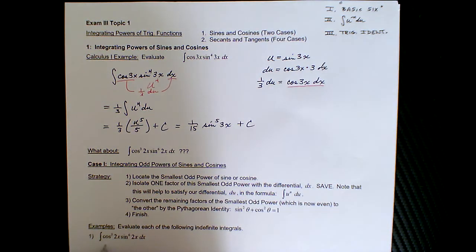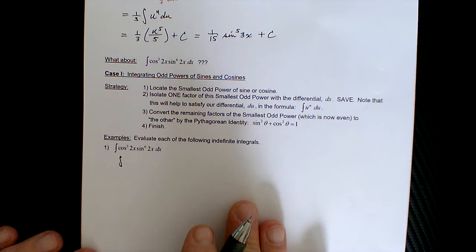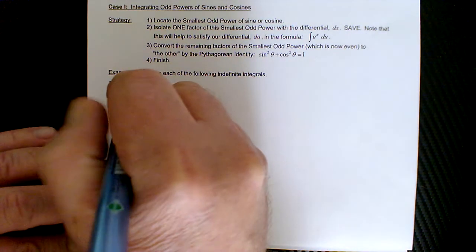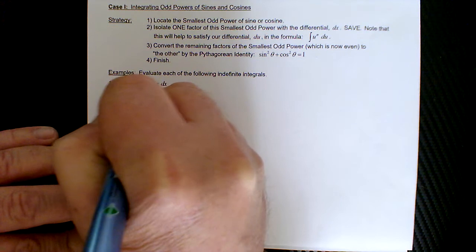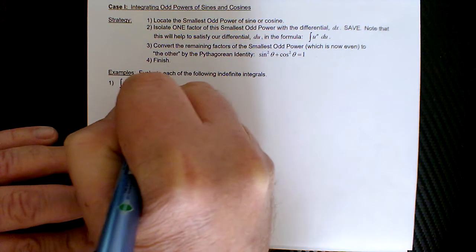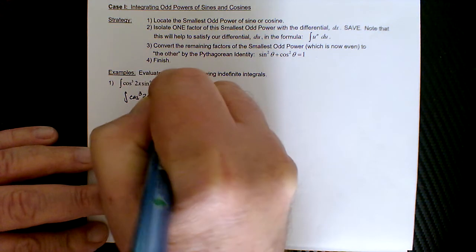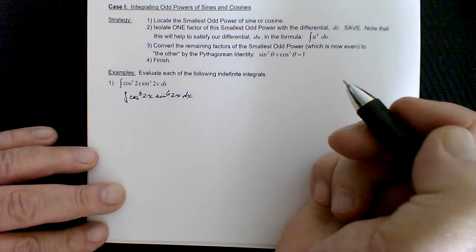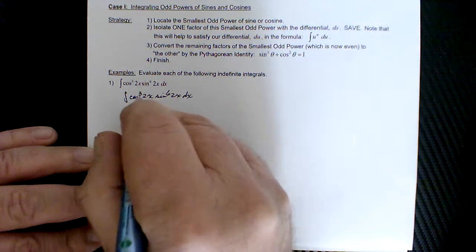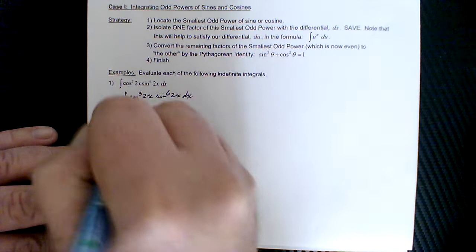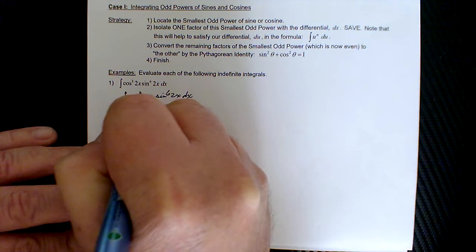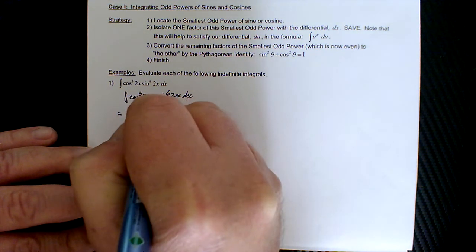So let's see, I'm going to recopy the integral again. So we've got the integral of cosine cubed 2x sine to the 6th of 2x with respect to x. So the smallest odd power, the only odd power, is the cosine. So according to the method, we're going to take one factor away from cosine cubed.